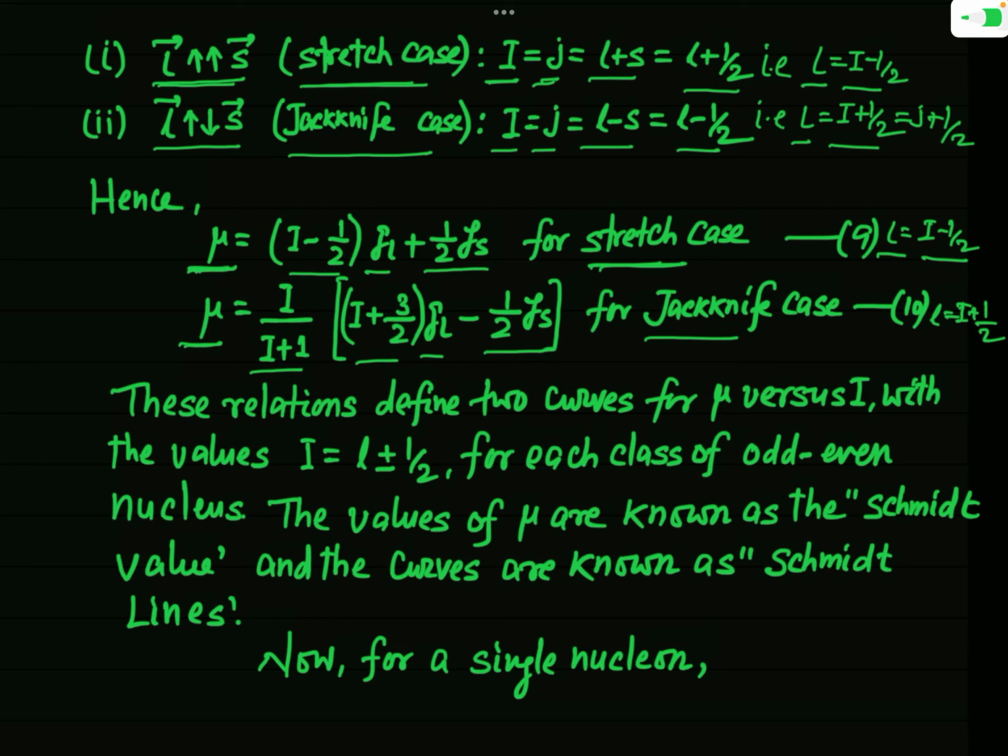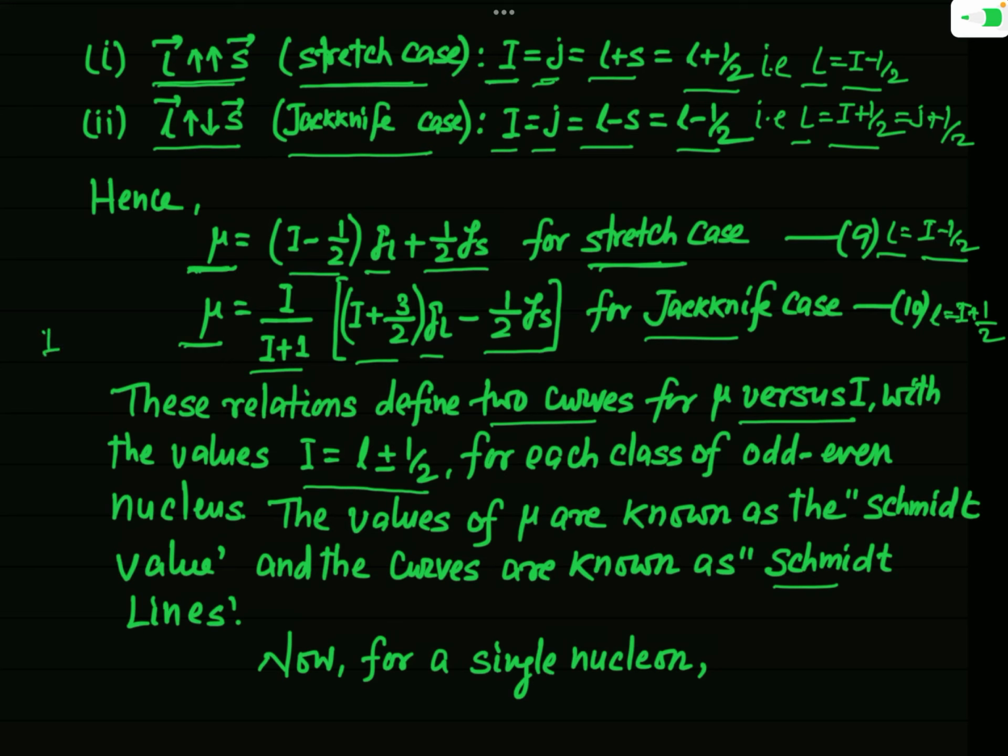And when you plot a graph, you will actually get curves, and those curves are known as Schmidt curves. So I have mentioned here that these relations define two curves for mu versus I with the values I equal to L plus minus 1 by 2.